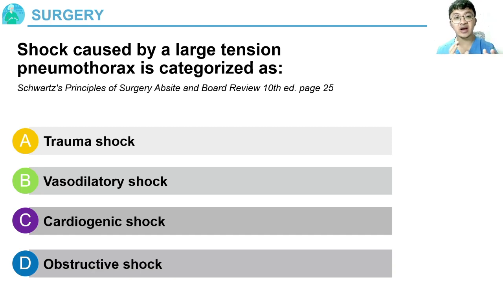The inferior vena cava and the superior vena cava are impinged, so they can't return venous blood back to the right atrium and the right ventricle. The preload goes down, then the mediastinum twists and the aorta cannot push blood out. If blood cannot go in by the vena cava and cannot go out via the aorta, there is an obstruction. So your tension pneumothorax is a type of obstructive shock.